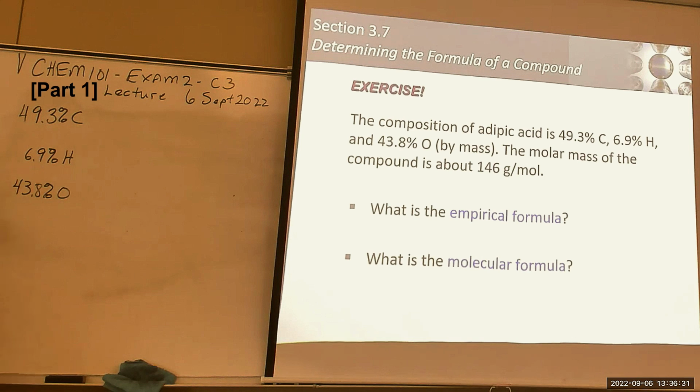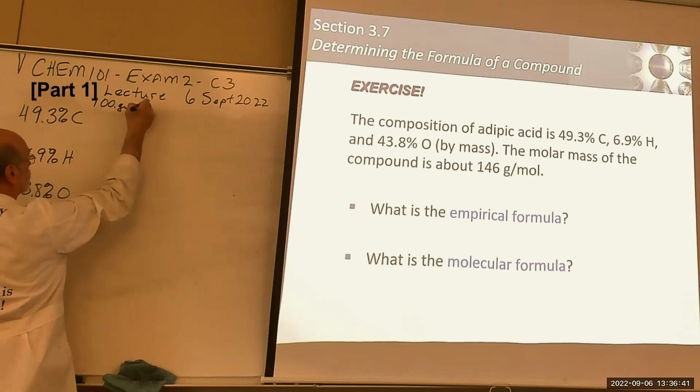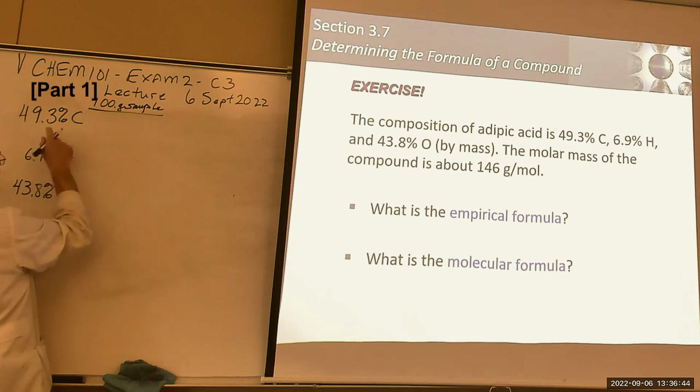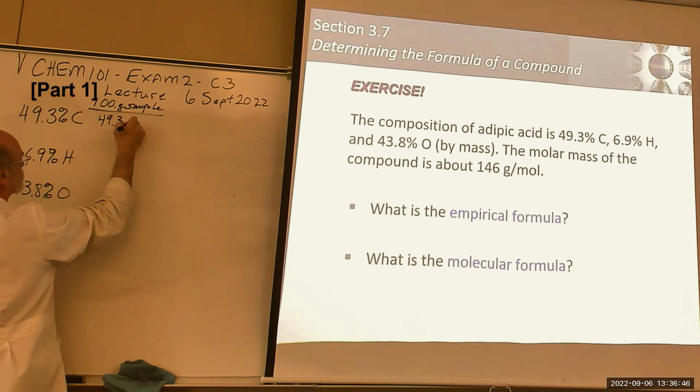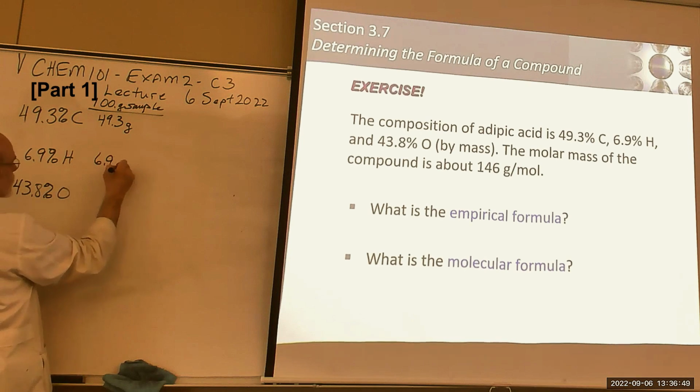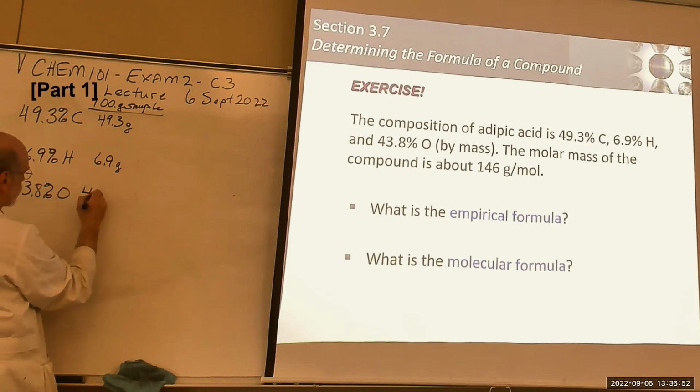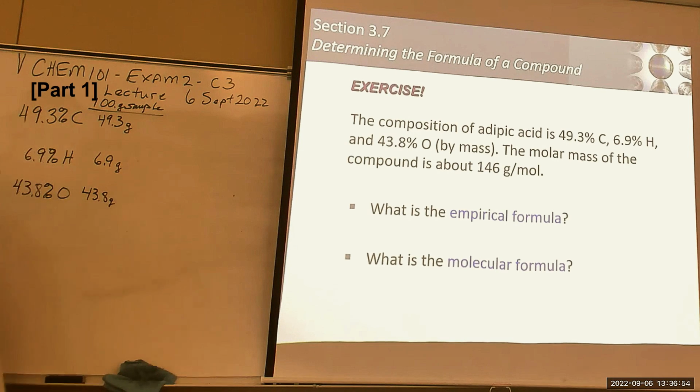No. If that's grams per 100 grams, let's assume that we have a 100 gram sample. Right? That means we have 49.3 grams of carbon, 6.9 grams of hydrogen, and 43.8 grams of oxygen. Right? We can do that because this ratio is fixed. The law of definite proportions says that a compound, no matter where it comes from, will always have that ratio.